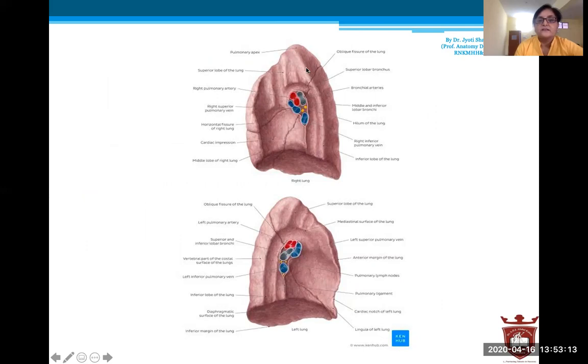As we had seen, this is the ridge which divides, this is the vertebral part and this is the mediastinal part. This is the vertebral part and this is the mediastinal part.